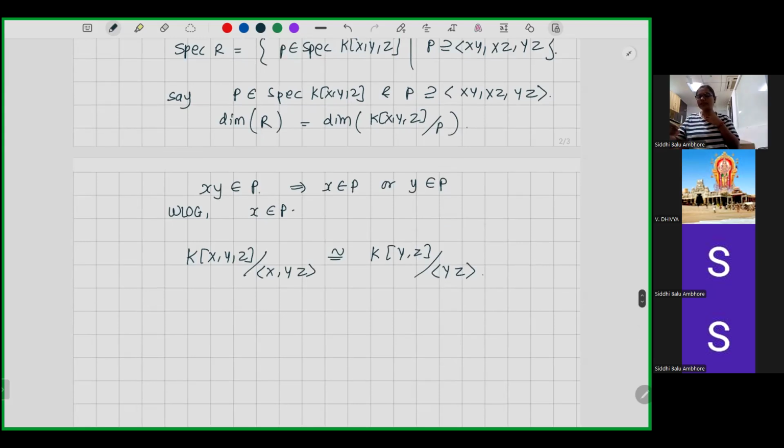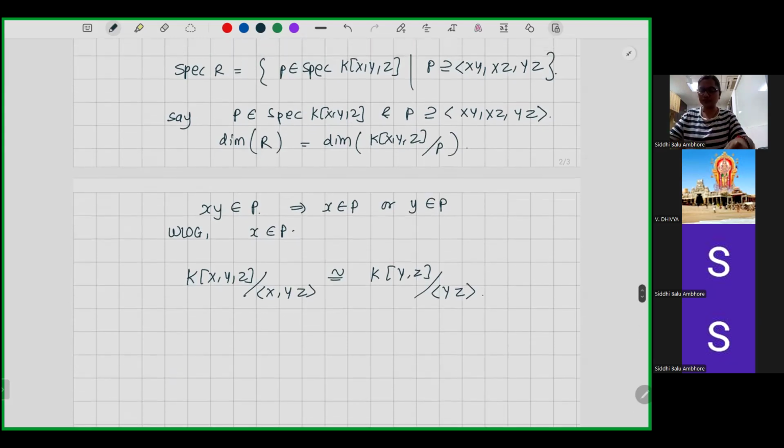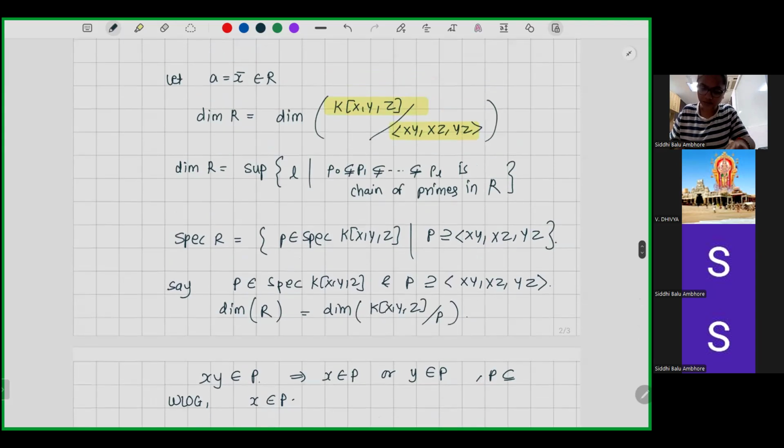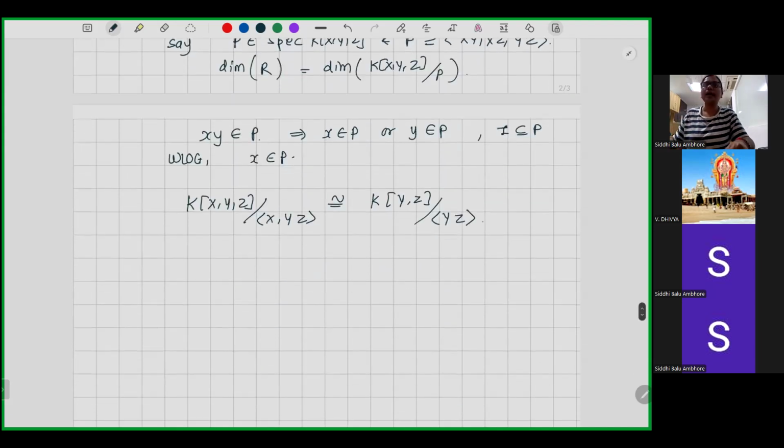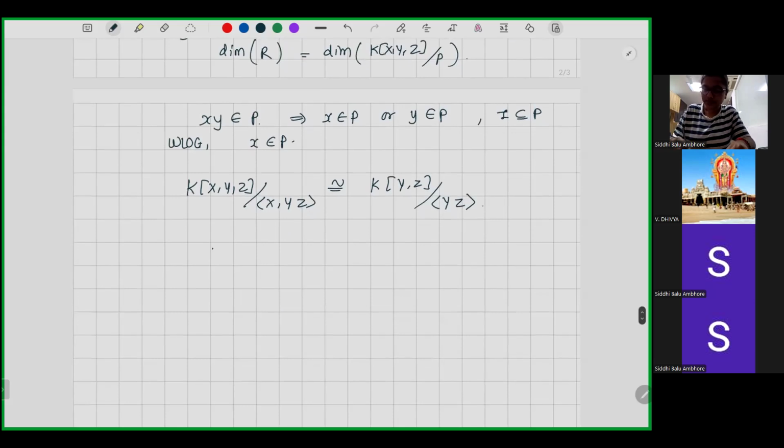Now I'm dealing with the associated prime P, which contains x, let me give this ideal the name I, which contains I. And the minimal primes of k[y, z] mod yz are only (y) and (z), right?